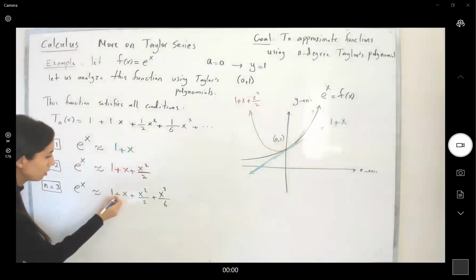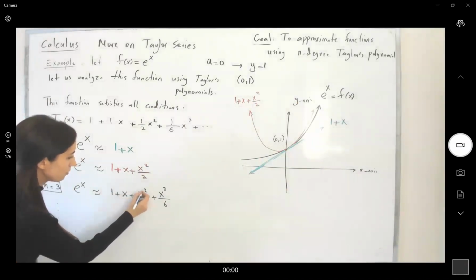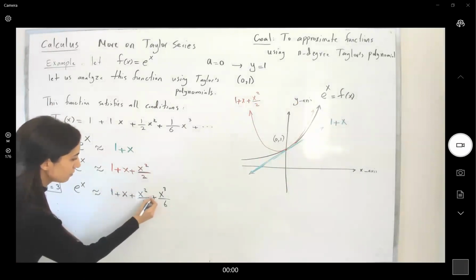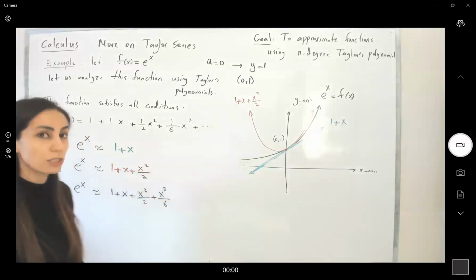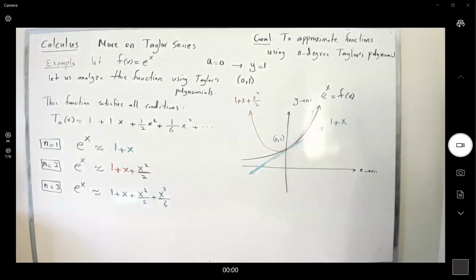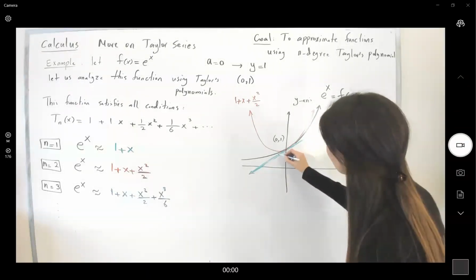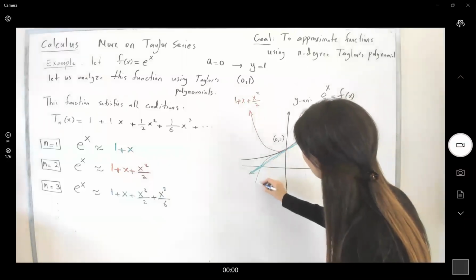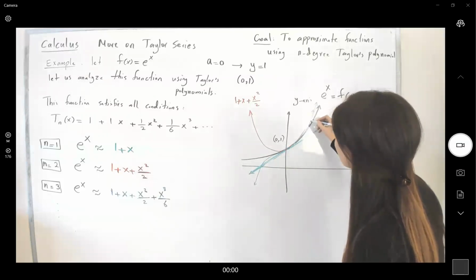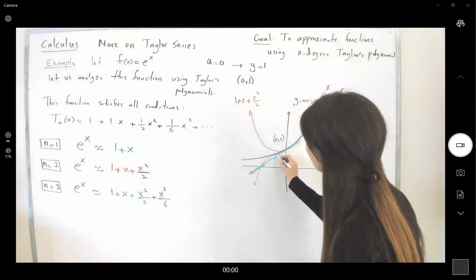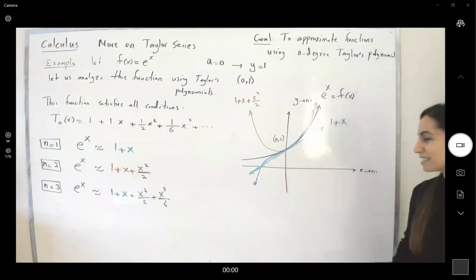Now, what if I use the last expression? The last polynomial, 1 plus x plus x squared over 2 plus x cubed over 6. I have a cubic expression. If you look at this cubic expression, the behavior is similar to this. And as you can see, it's better than your line and your quadratic, or parabola, as the graph of your quadratic expression.